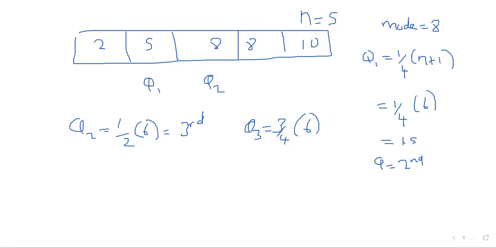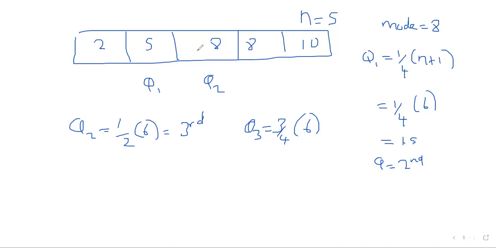So 3 over 4. It should be 4.5, is it? I need a calculator. 3 over 4 of 6. Divided by 4. Yeah, 4.5.